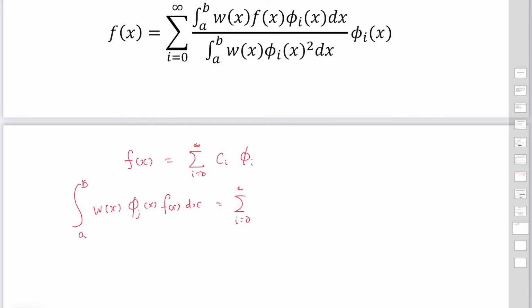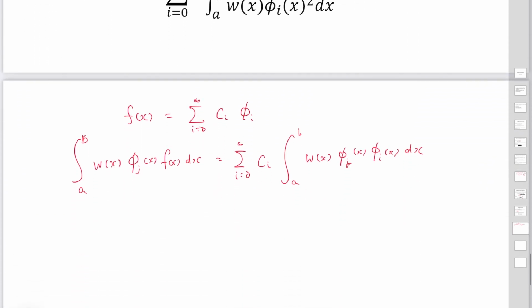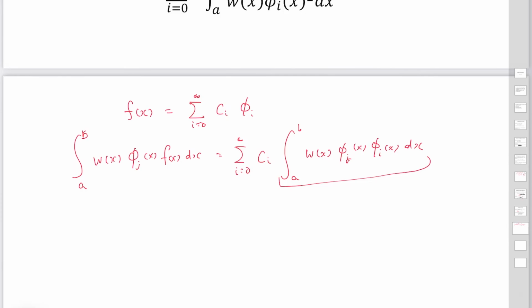On both sides, we have c sub i times the integral from a to b of w of x phi sub i phi sub j dx. We use these relations. Except for a single term, all the terms become 0. That term is given by i equal to j, so you can substitute i equal to j: the integral from a to b of w of x phi sub j of x squared dx.